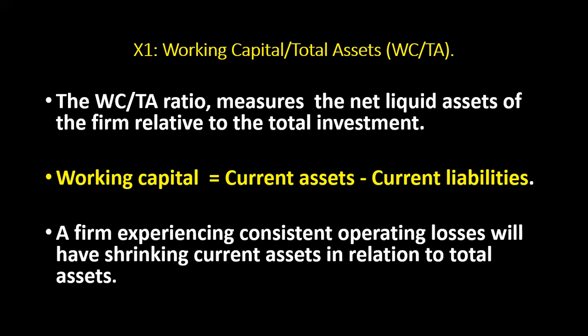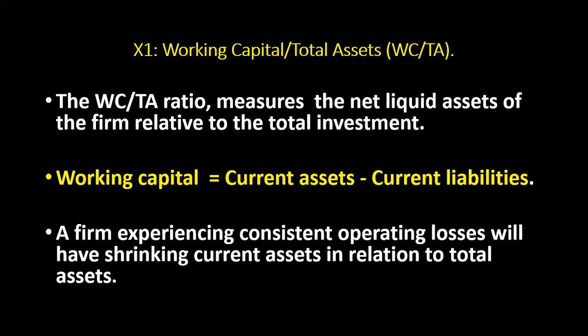So the ability of the firm to meet its current obligations, that is current liabilities, depends on the amount of working capital, the amount of current assets, and of course also on the quality of the current assets. However, in this particular model, the researchers took the total amount of the current assets.